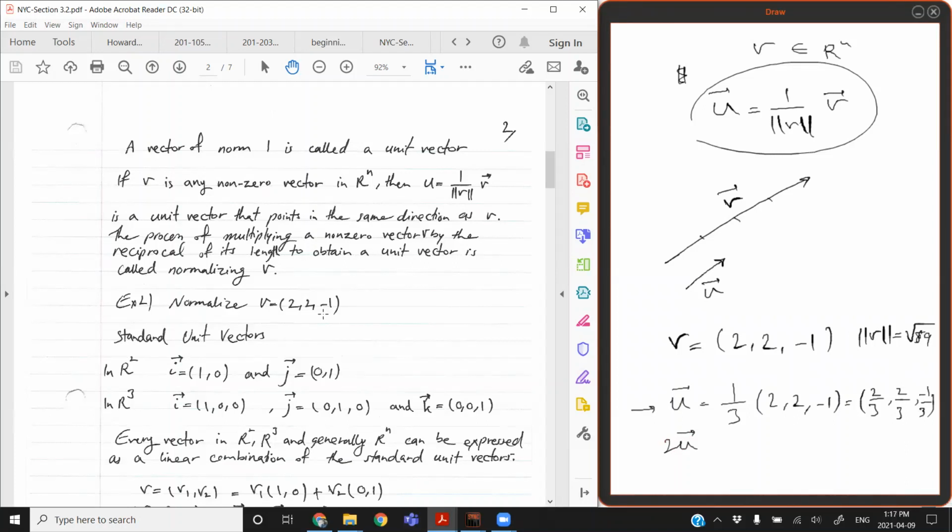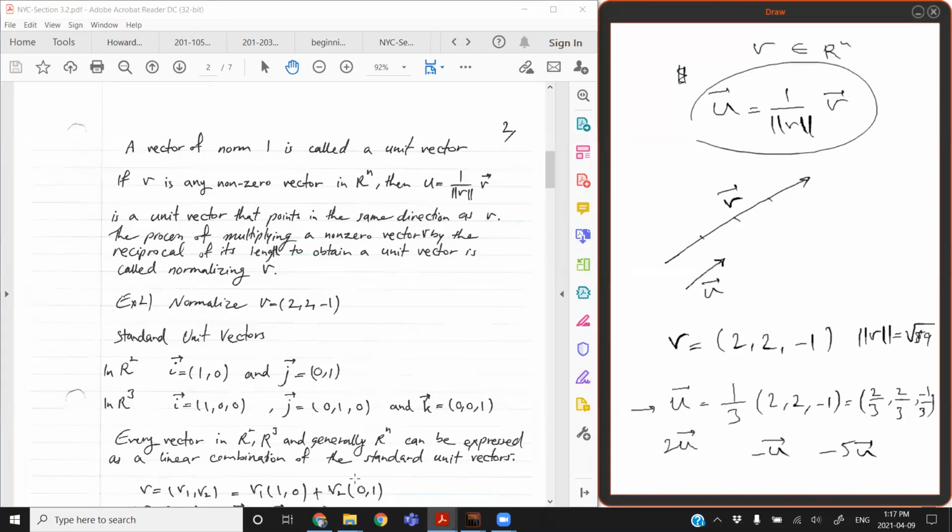If I say find a vector that has the opposite direction as v of length 1, that vector would be minus u. If I say find a vector that has the opposite direction as v and it has length 5, the answer would be minus 5u. Does that make sense? Any questions?